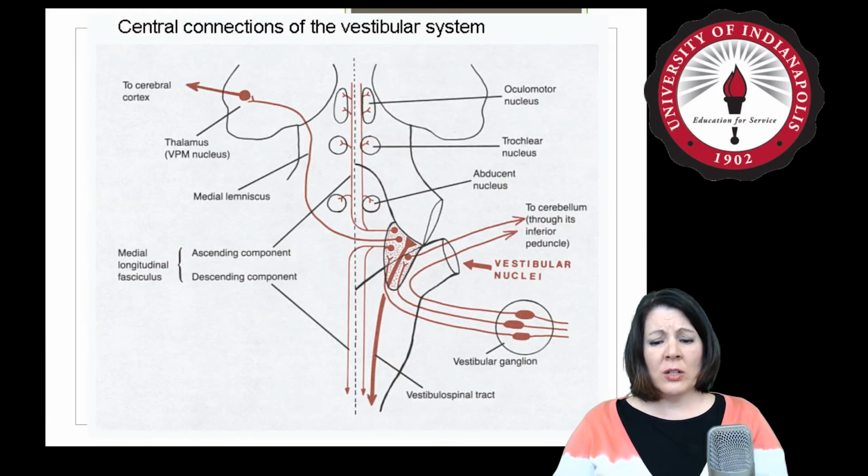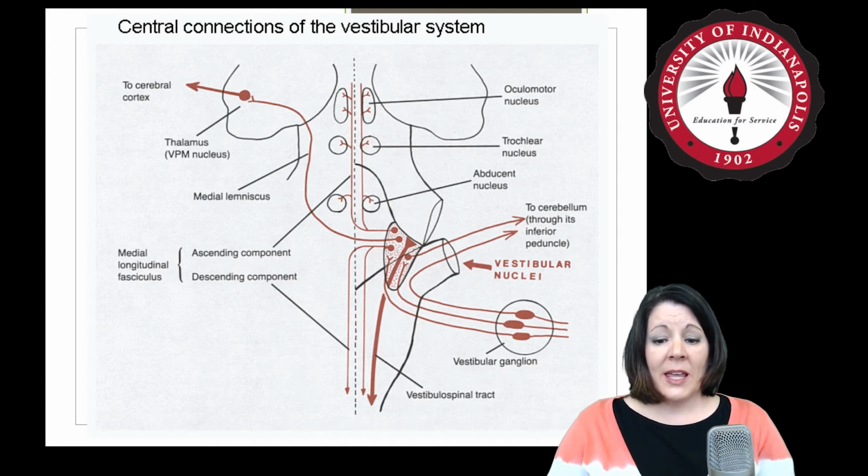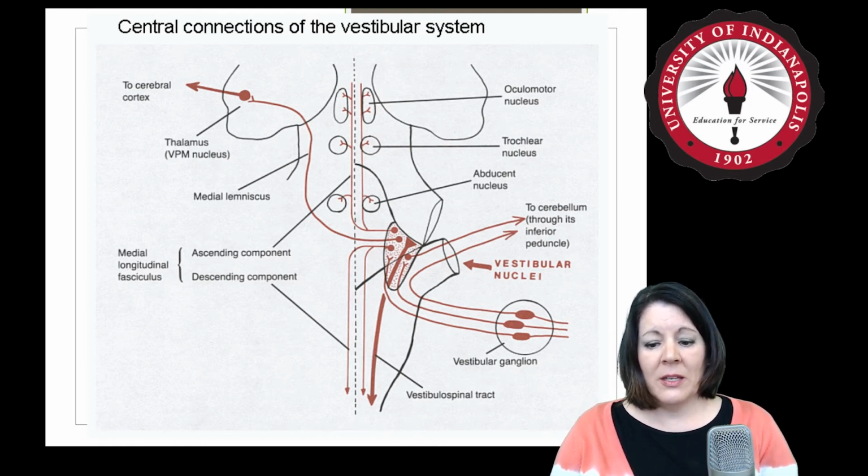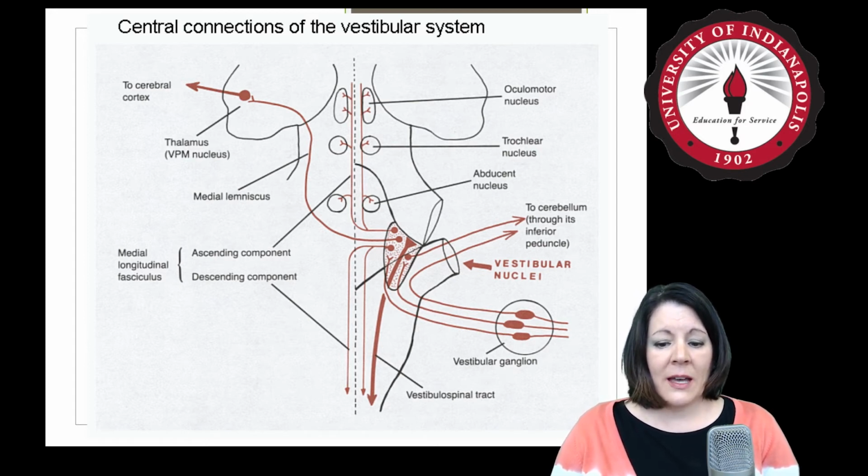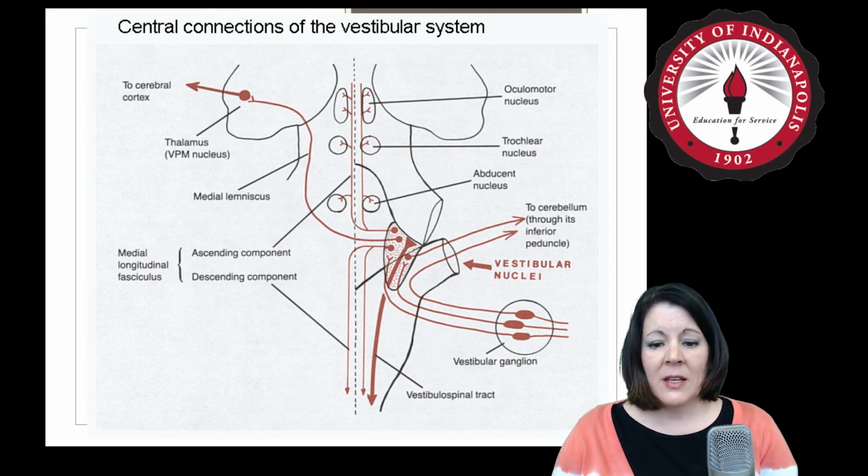Now we have all kinds of central connections, and the point of this slide is to help us remember all the places that the vestibular system can impact. After the cell bodies in the vestibular ganglion, the axons then extend to a vestibular nuclei where we have some synapses, and those synapses go to several places.